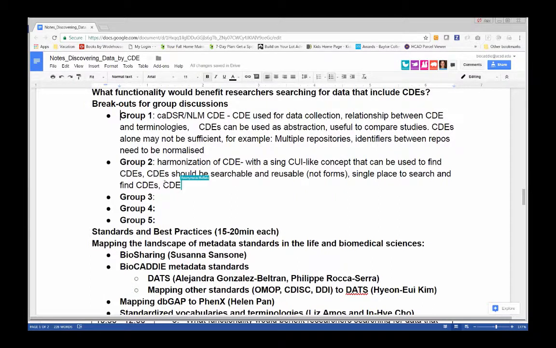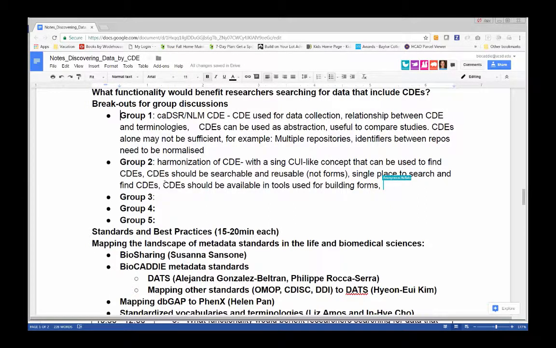Also, our group discussed the idea of tools that help you to upload your already existing forms. Say you have a Word file or a PDF. We all know that this is very technically challenging, but a data dictionary, JSON, XML, whatever you have, and this tool will parse and get back to you with a report saying that you have 10 CDEs in here from these repositories, and you have 10 things that are unique.